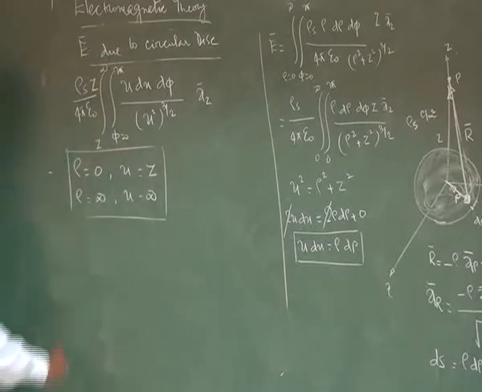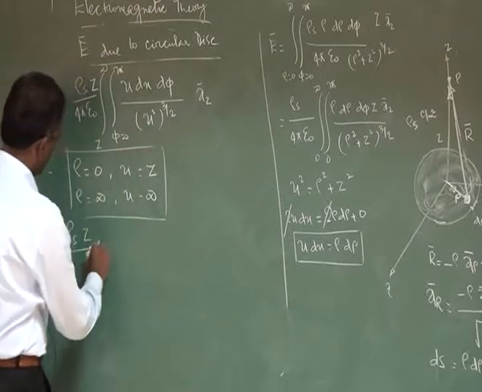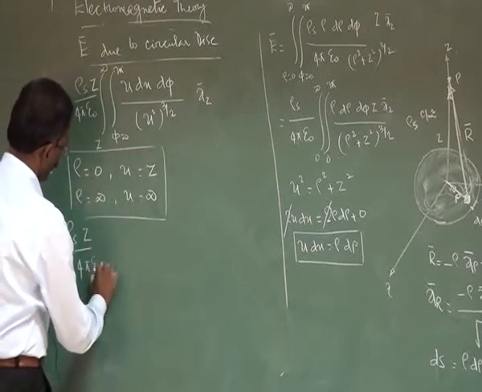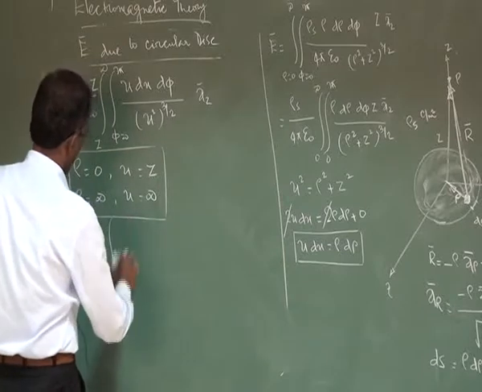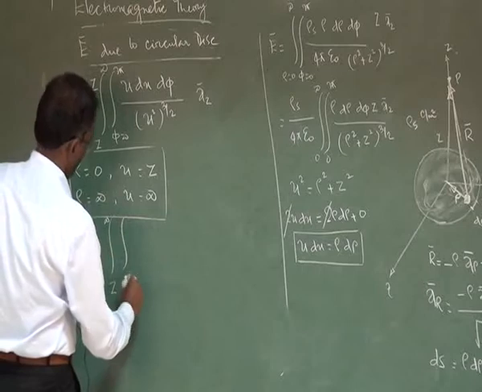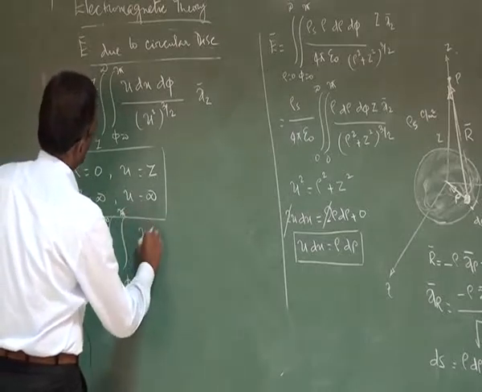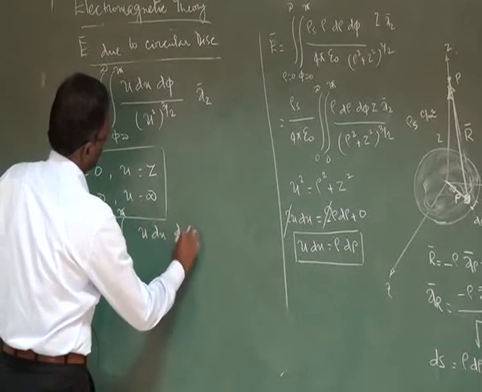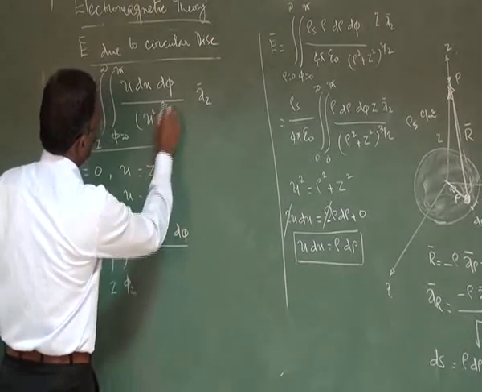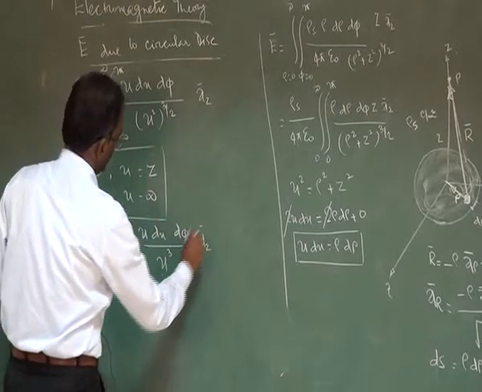Changing the limits, this step, right? Okay, then rho s divided by z divided by 4 pi epsilon o, z to infinity, phi is equal to 0 to 2 pi, u du d phi divided by u square power 3 by 2 is u cube, a z bar.